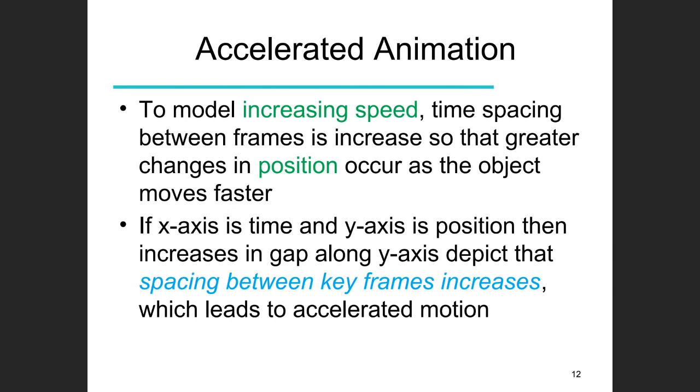To model the increasing speed, time spacing between the frames is increased. In the constant speed animation, the time spacing was fixed. But in the accelerated animation, where the speed is increasing, we have to increase the spacing between the frames. The time spacing has to be increased. Why? So that greater changes in the position occur as the object moves faster.